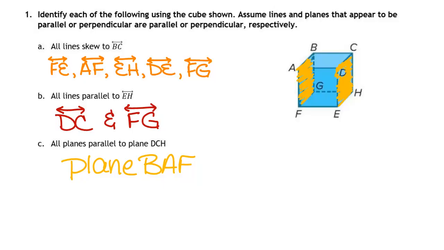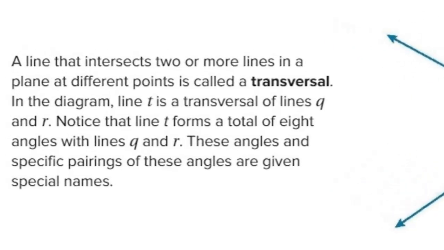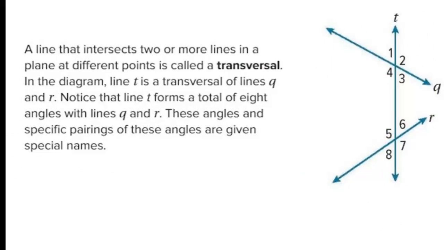All right, let's flip over to page 2. A line that intersects 2 or more lines in a plane at different points is called a transversal.